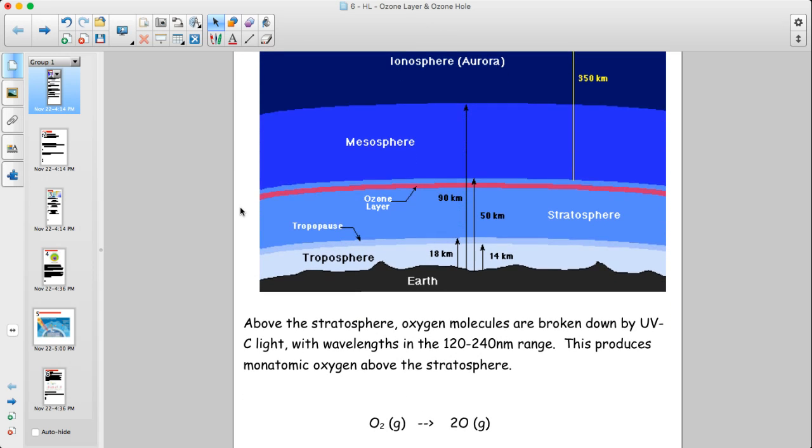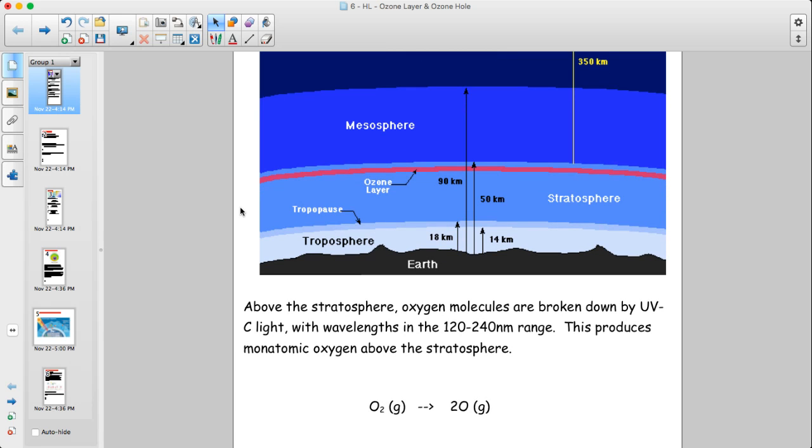So if we walk through how this happens, at the very top of the stratosphere, regular oxygen, so O2, gets hit by ultraviolet light that we call UVC light. Ultraviolet light can be broken down into UVA, B, and C ranges, with C being the shortest wavelength, highest energy type of that UV light.